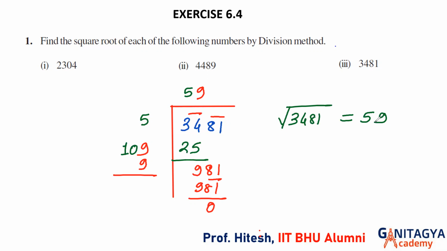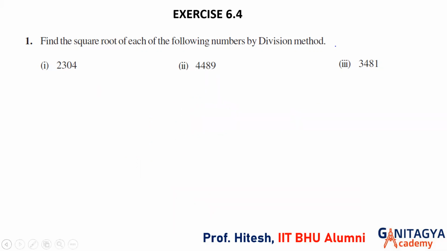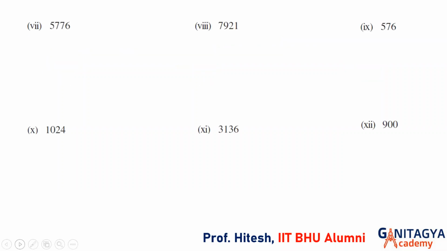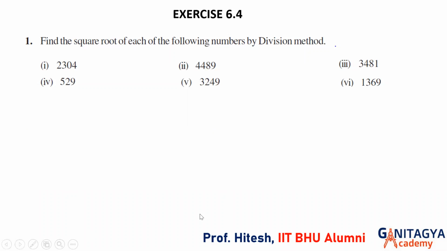Likewise, we can solve other questions also. So those are your homework questions. One more question I will solve, that is 7921. Let me clear this. Now the other questions are homework questions. In the next session we will solve them: 529, 3459, 1369. These are the homework questions. Let me write more.